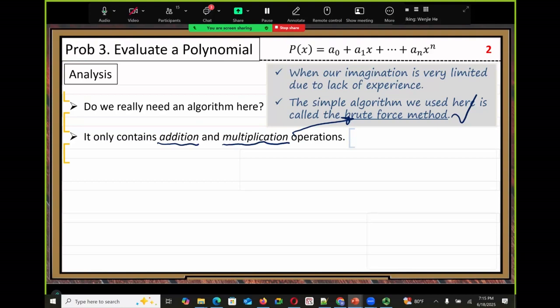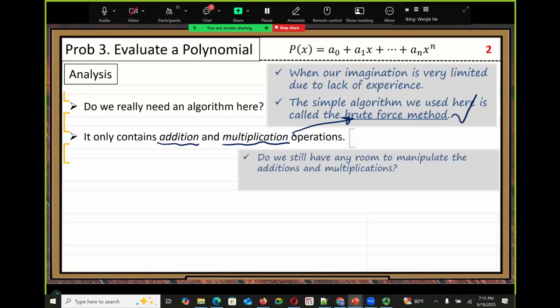How many multiplications do we need? That's the question we want to answer. After that, we do improvement. We want to see how much we can improve our algorithm.